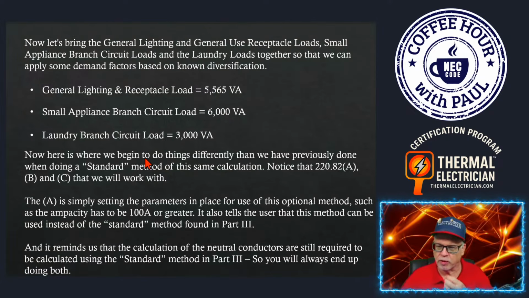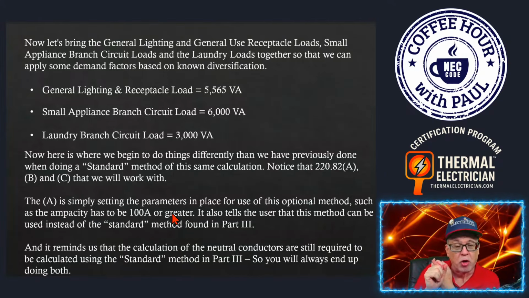Now, again, this is where it's different, because in 220.82 (A), (B), and (C) that we're working with, we're just taking these values and keeping them loaded. A is simply setting the parameters in place to use the optional method, such as the ampacity has to be 100 amps or greater.